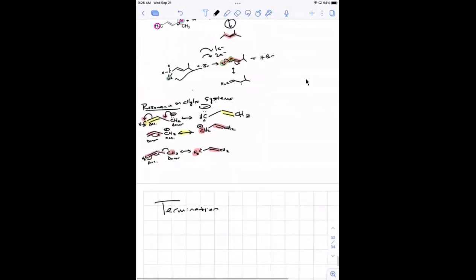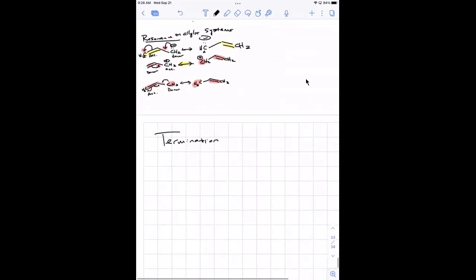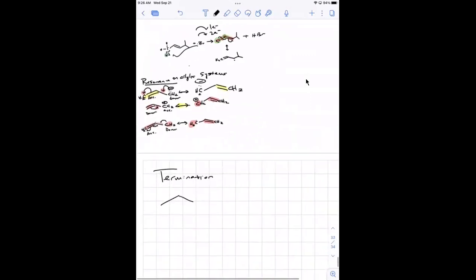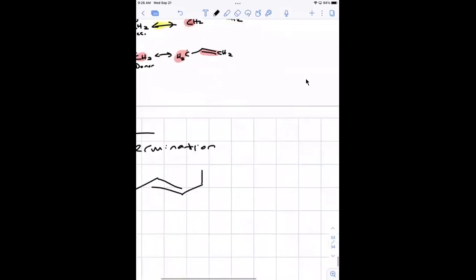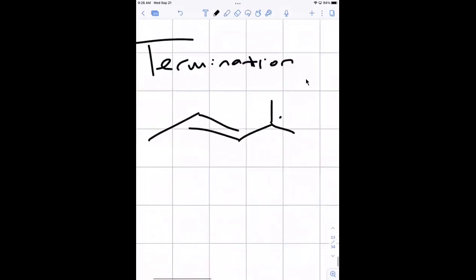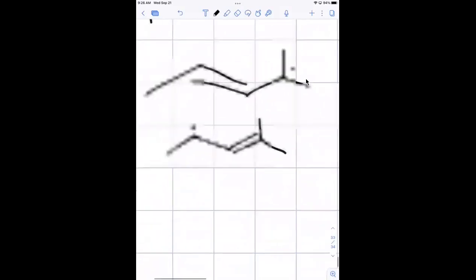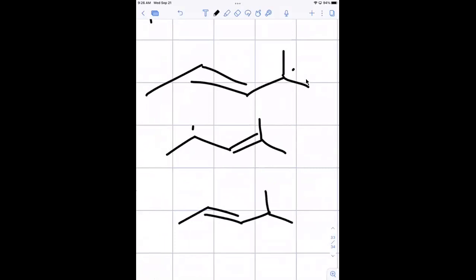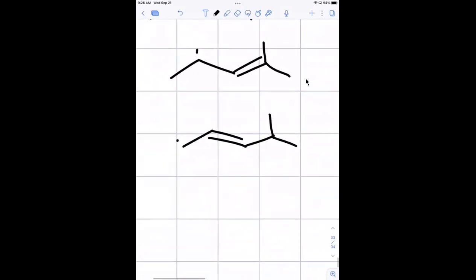So we have this radical, we have this radical, and then we have this radical. I'm just not writing in the CH2s, and this radical.